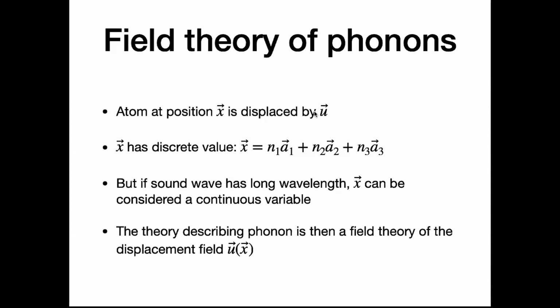But imagine that we try to describe a sound wave with a very large wavelength, much larger than the distance between the atoms. Then x can be considered a continuous variable, because the wavelength contains so many possible values of n1, n2, and n3. Since x is a continuous variable, the displacement of the atom u is now a field. That is, u is a function of x. It's a field.